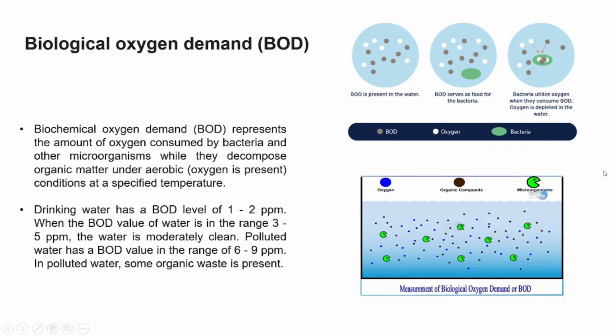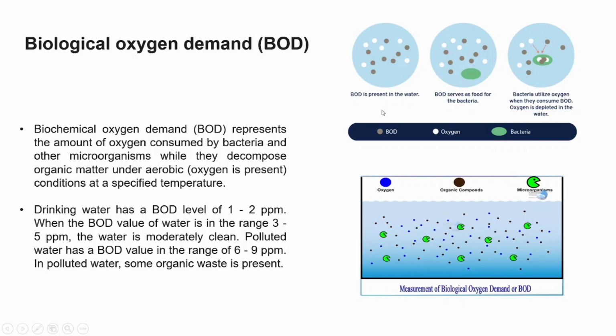If you can see in the sketch over here, this is a very rough sketch. The oxygen is shown in white circles, and with the bacteria, if there's more and more bacteria, the microbial load is more and more oxygen will be consumed, and there will be an increasing demand for the oxygen in the sample from that point onwards. That has been shown in gray color. The gray circles mean BOD.